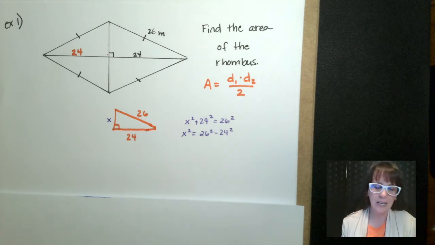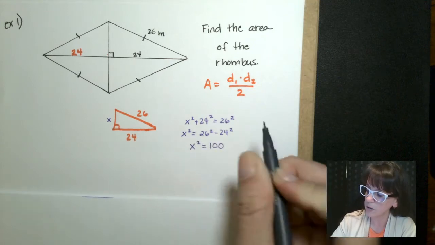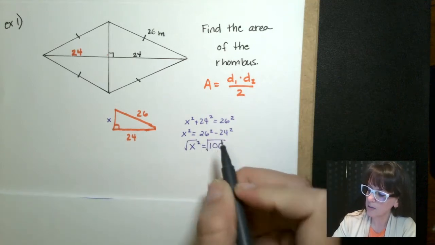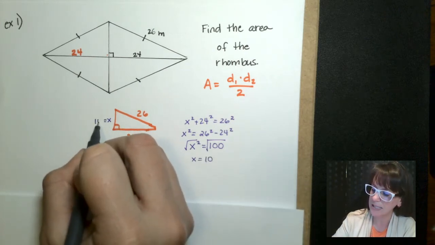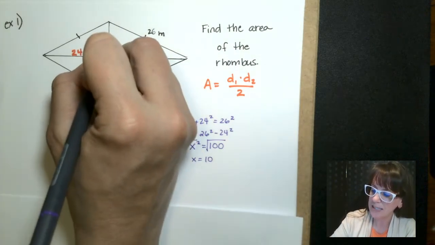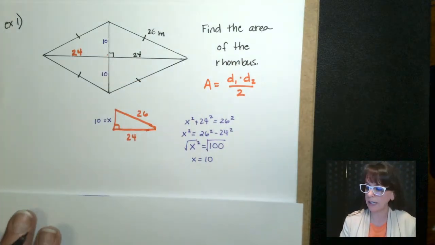It doesn't work that way. But you can enter it into your calculator as 26 squared minus 24 squared, which gives us 100. So X squared equals 100. Square root both sides. We get X equals 10. Okay, so this guy right here we now know is 10, which means this is 10, which means this is 10.